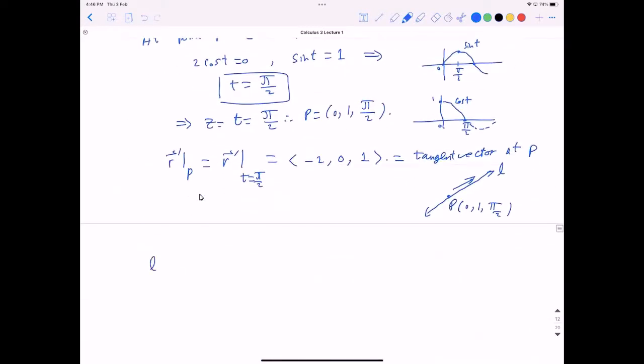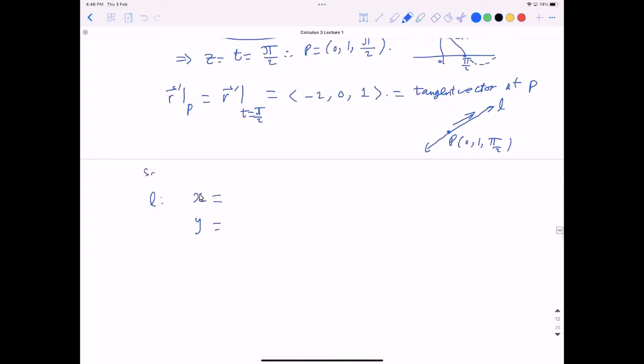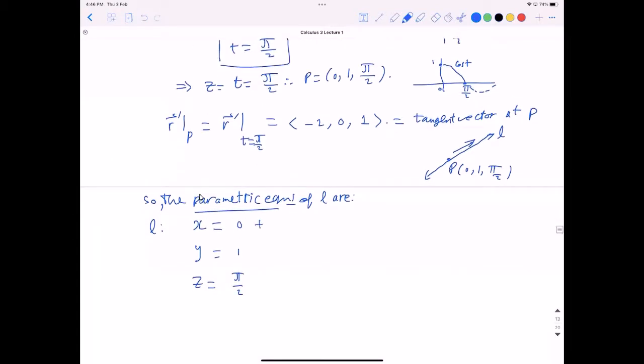So they can be multiplied or divided by any scalar. So L is given by the parametric equations of L: the point is (0, 1, pi over 2) plus t times this vector.